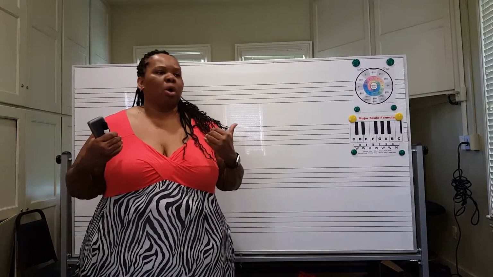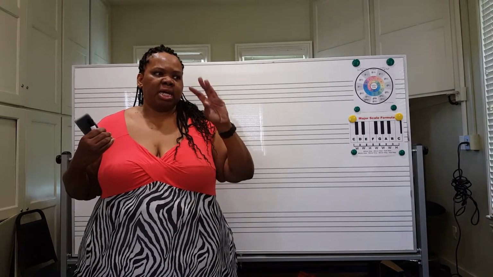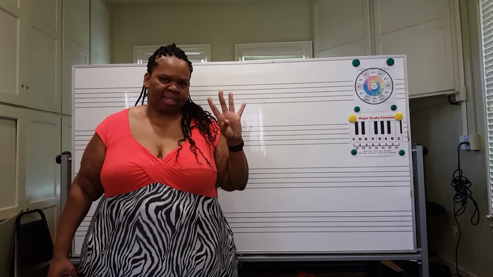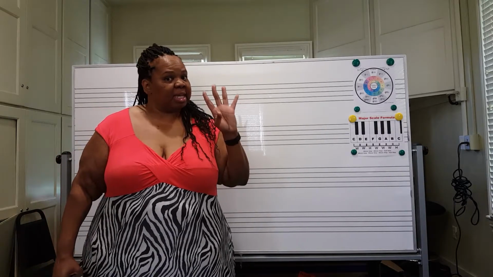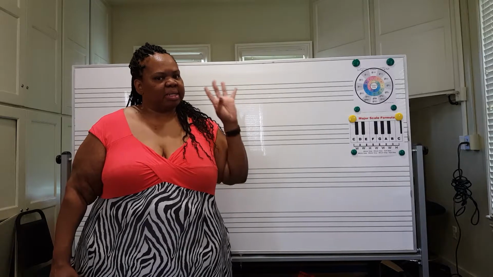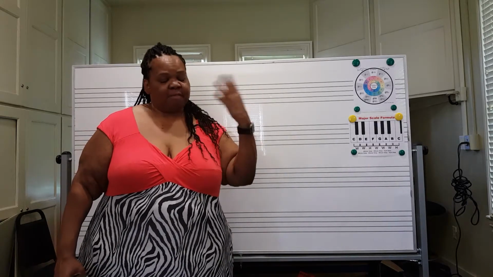So B flat, I'm going to come down 4 or go up 4. B, E, A, D, B, C, D, E. E flat's my next key, right? E flat's my next key because that was the note that is altered.